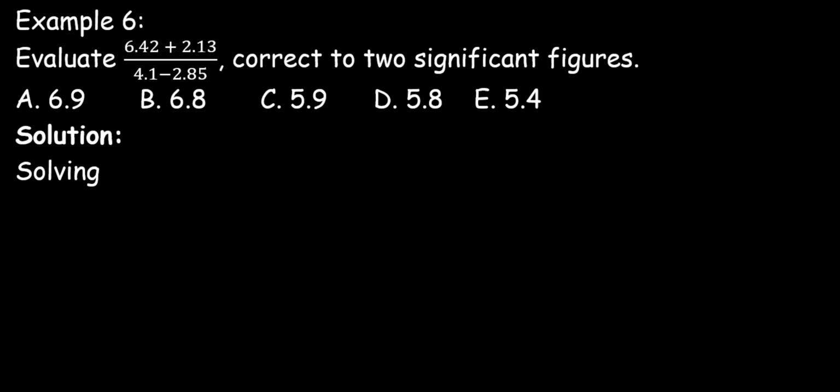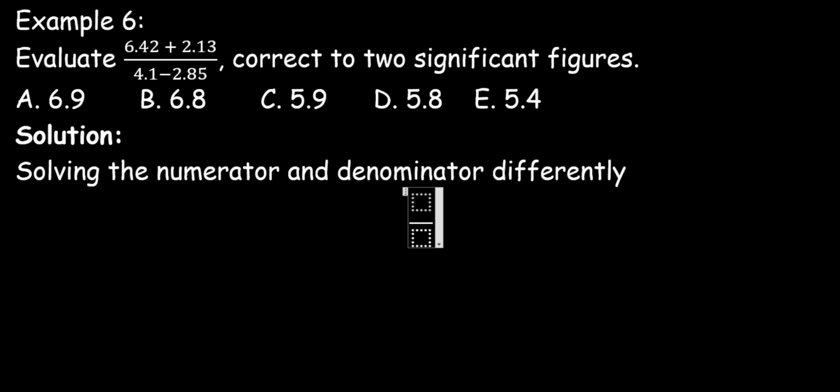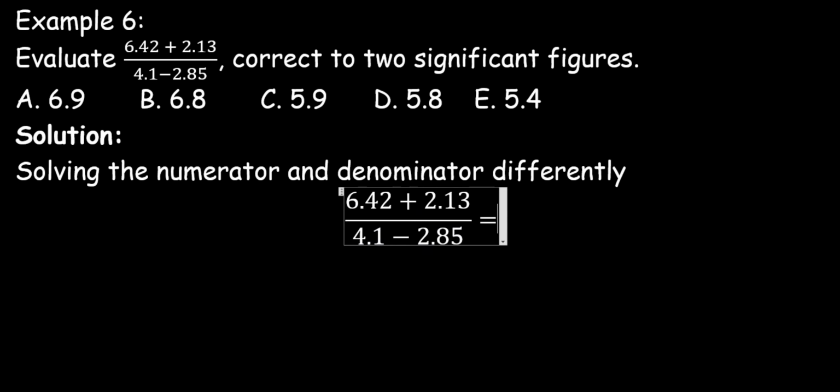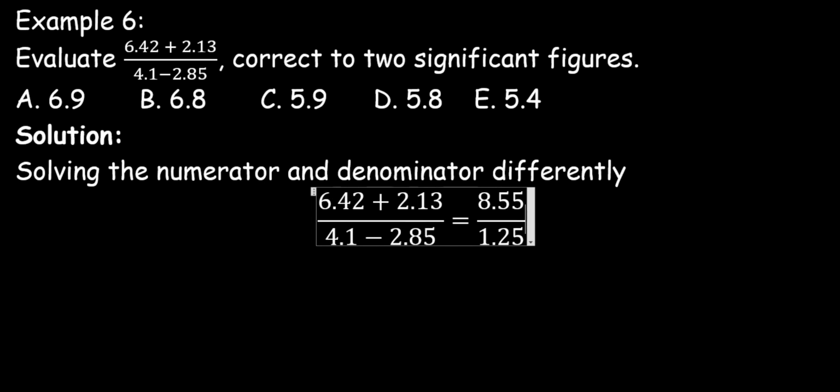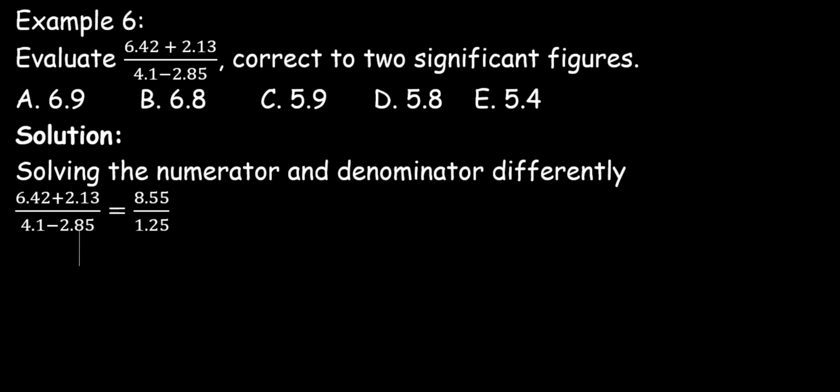Solving the numerator and denominator separately, since the numerator is addition and the denominator is subtraction, we just do our simple arithmetic. Hence, we have 8.55 all over 1.25. That will give us a result of 6.84. It is this result that we are approximating to 2 significant figures.